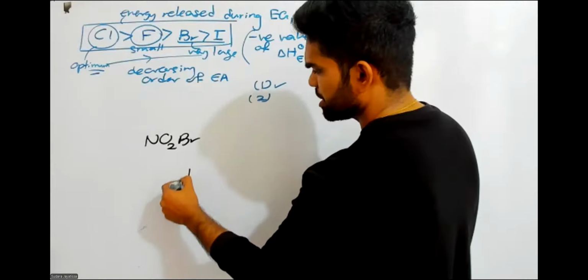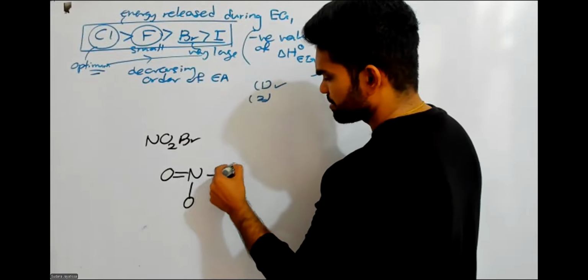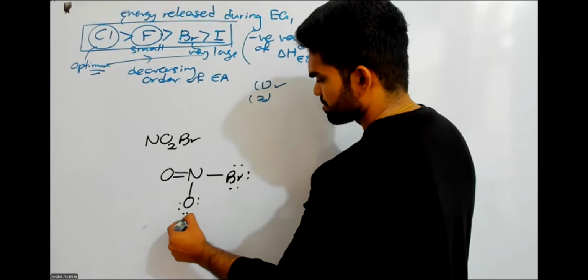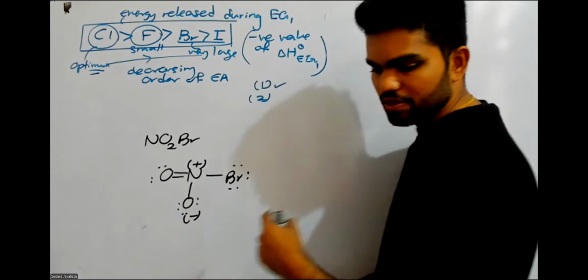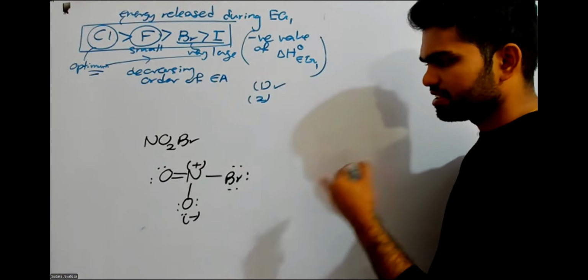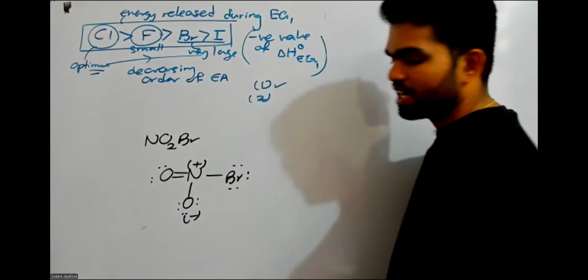It's a kind of past paper related question. This is the NO2Br molecule, with a negative charge and a plus charge. Again, practice Lewis structures, then you can draw them quickly. And don't put another double bond, because it will violate the octet rule.